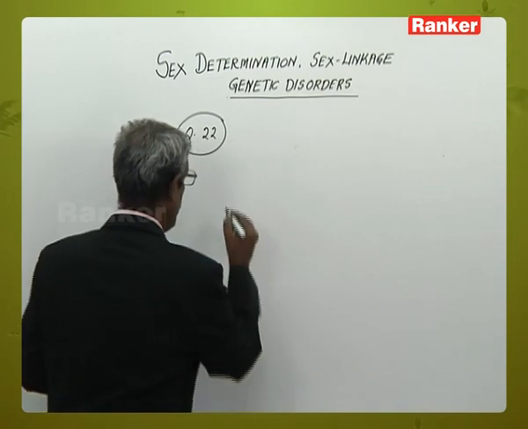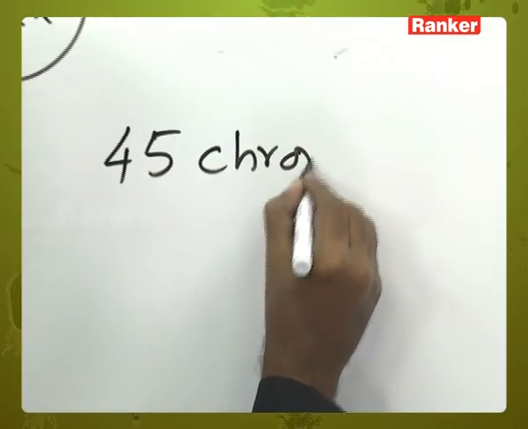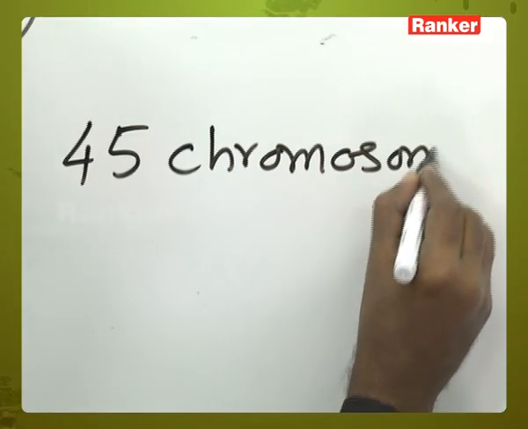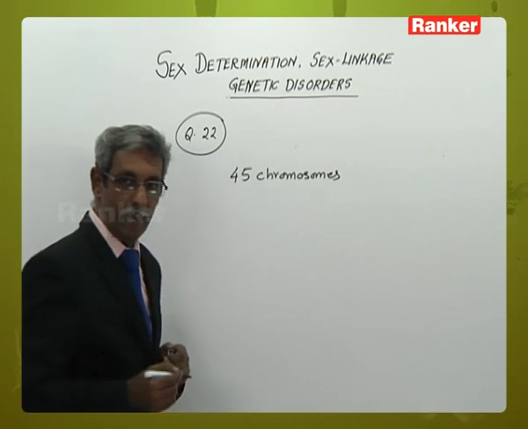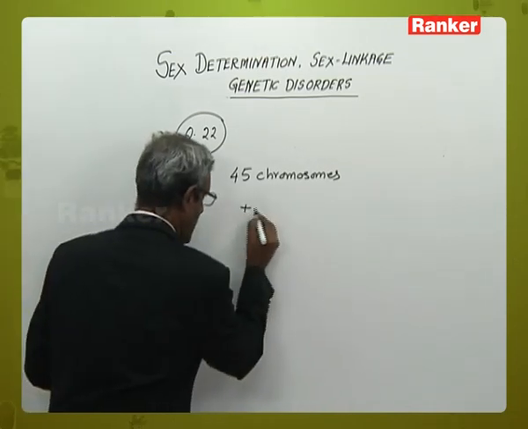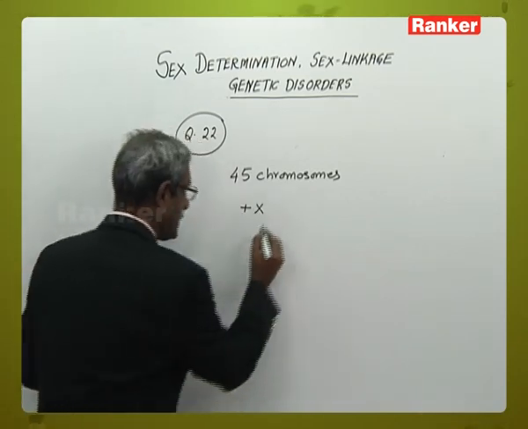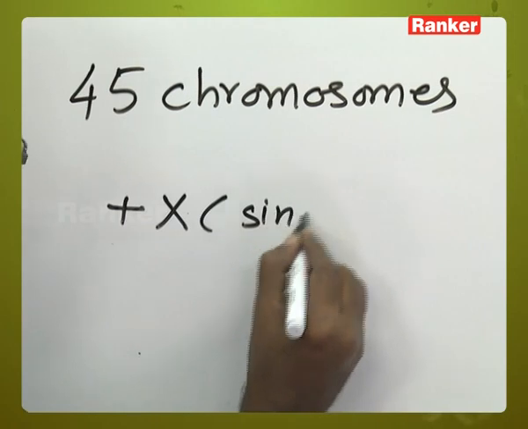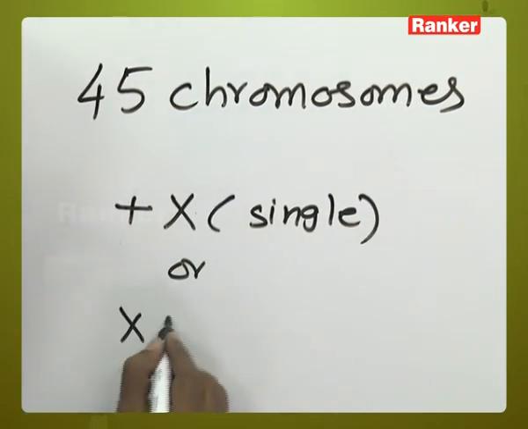So, when we have 45 chromosomes, that is, 45 chromosomes with a single X, or it is given as XO.